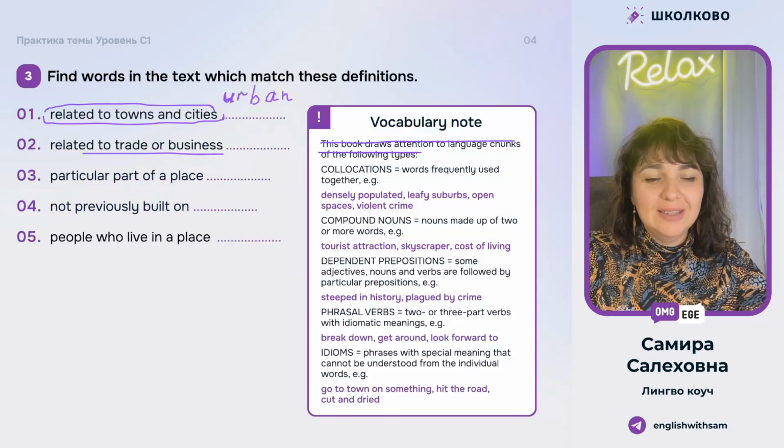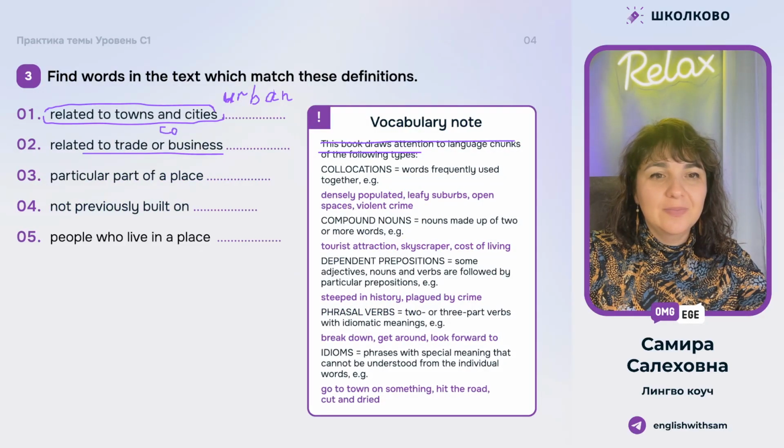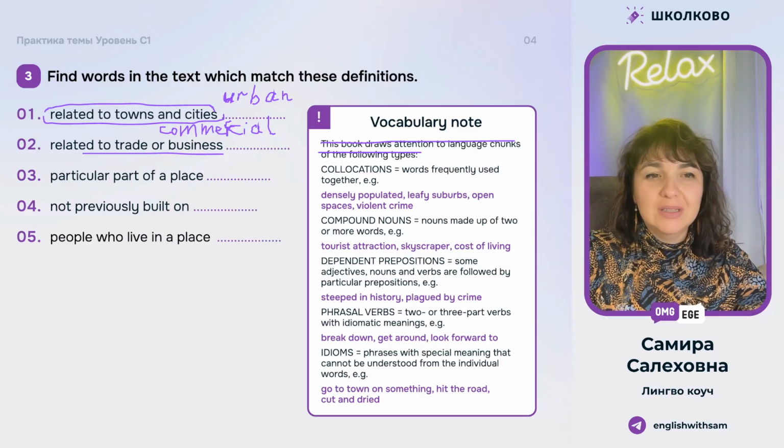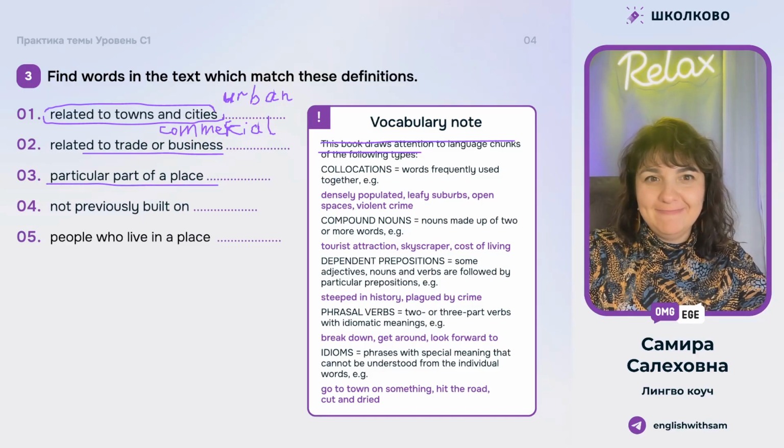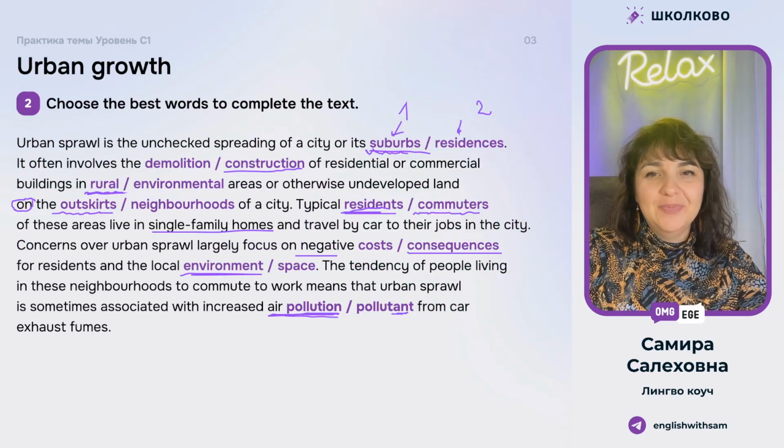Yay, that's right. So it is commercial. Commercial. Particular part of a space. Particular part of a space. Look, пространство, something like this. So let's find it here.